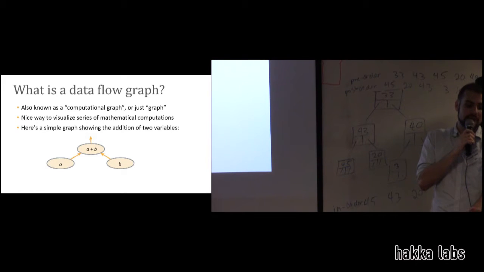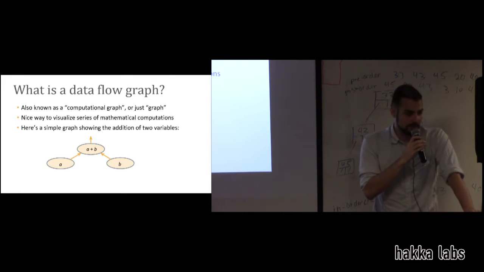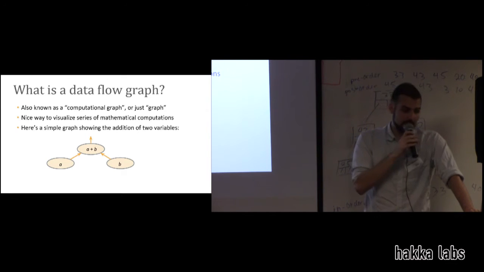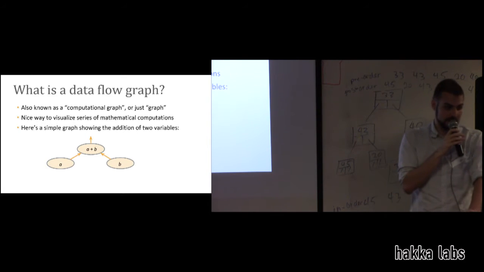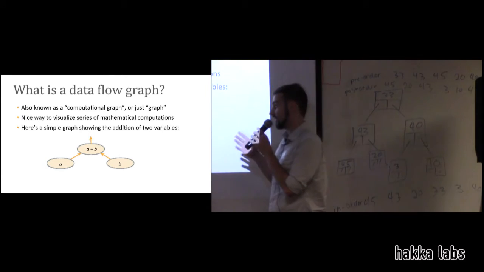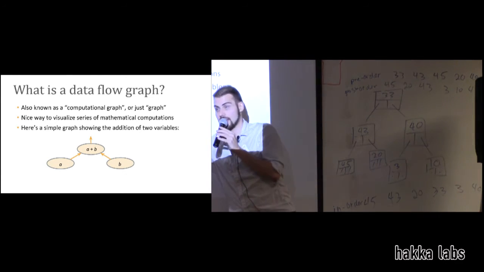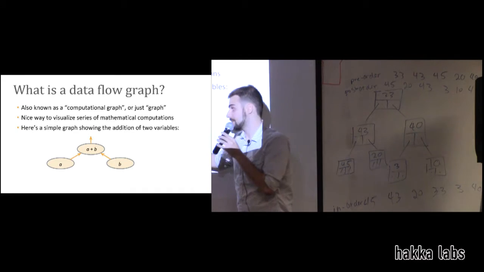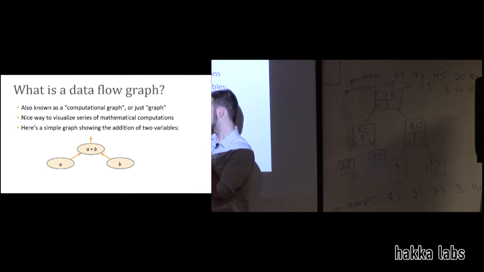So what is a data flow graph? It's also known as a computational graph, right? It's just a very nice way to visualize and abstract mathematical computations. So this is a very simple graph showcasing the addition, right? So we have some input A, we have some input B, right? They move their data. So here we have the number B moving up to this node. We have the number A moving to this node.